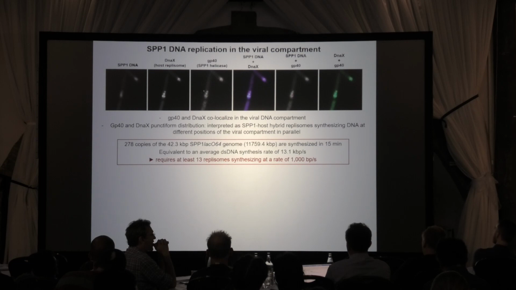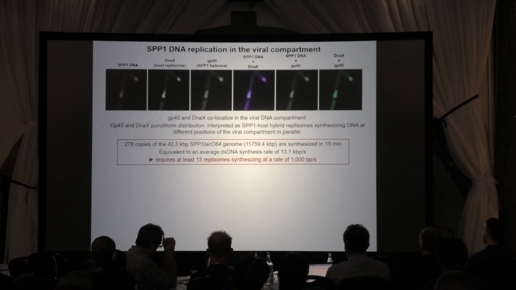And the same spotty organization is found for the phage helicase. So this is interpreted as an SPP1-host hybrid replisome synthesizing DNA. And this is not homogeneous in the cell, but you can get it spotty in some areas there. Of course, we are not seeing individual replisomes with the resolution we have in these experiments, but still it's not homogeneous.